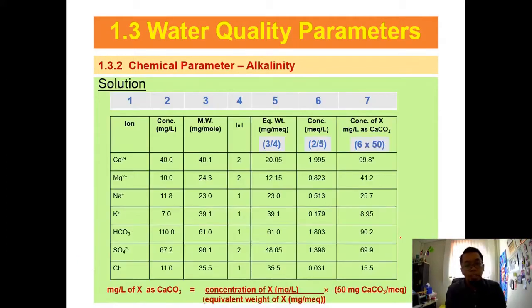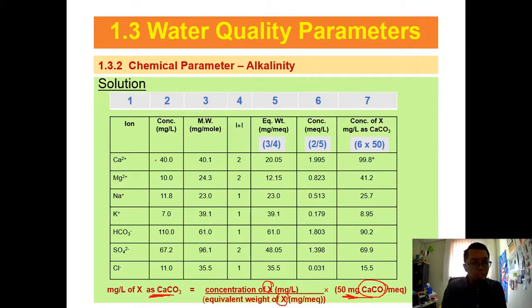It is similar to computing hardness: the concentration of X divided by X multiplied by 50 mg calcium carbonate. We multiply by 50 because we need the answer in terms of calcium carbonate.